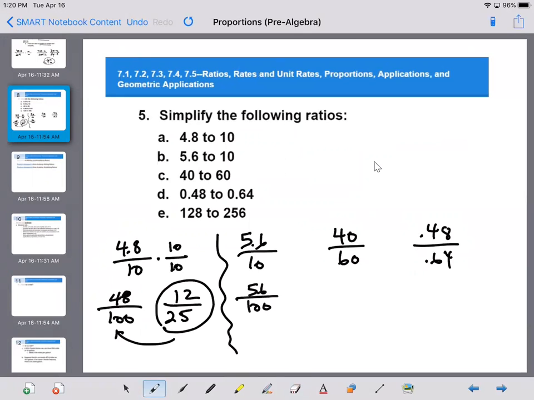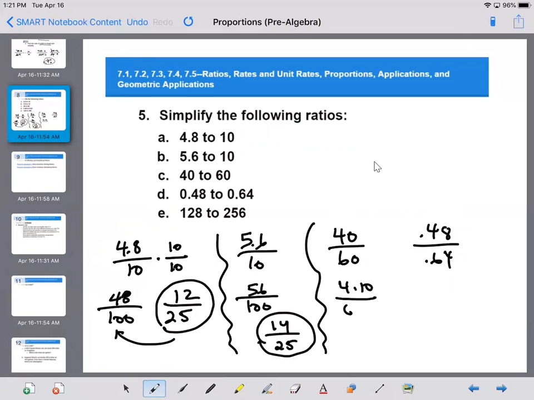If we divide 56 by 4 and 100 by 4, we get 14/25. And then 40 divided by 60, well, that's 4 times 10 and 6 times 10, so the 10 factors will divide out. Then 2 times 2 and 2 times 3, so the 2 factors divide out, leaving you with 2/3 for 40/60.